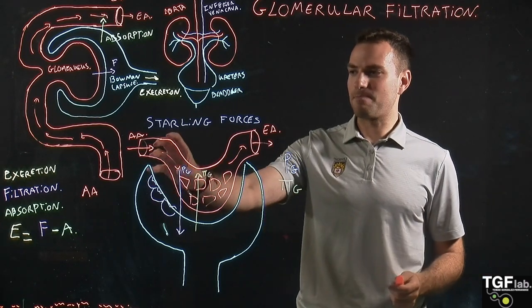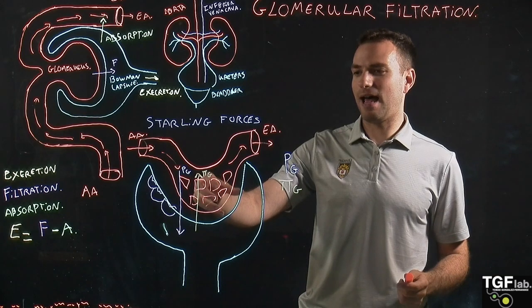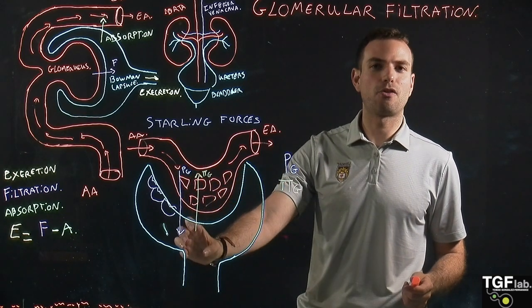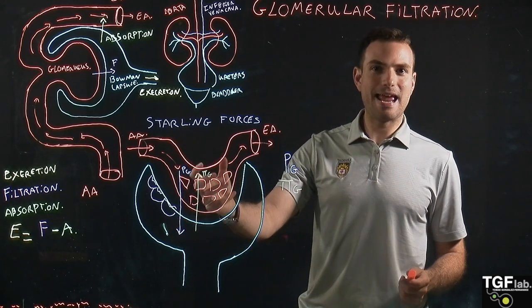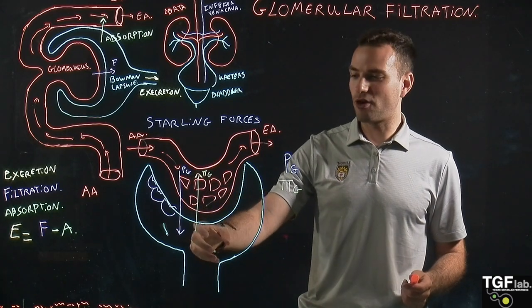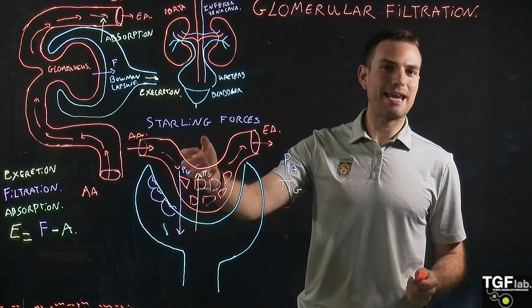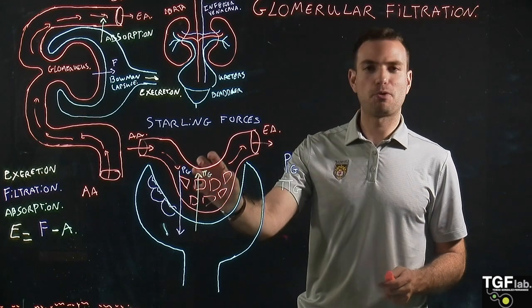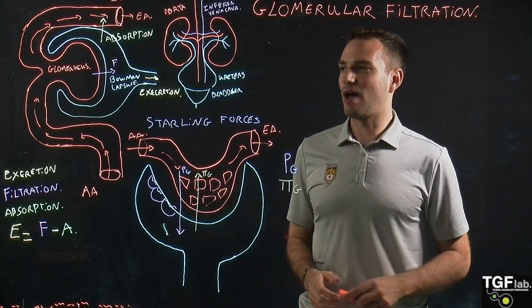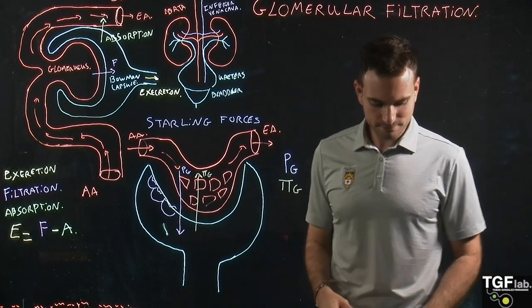If the blood has a lot of protein and we are losing a lot of water because of the filtration, then this force is going to bring back water from the Bowman capsule into the artery because the protein concentration here in the glomerulus is really high.